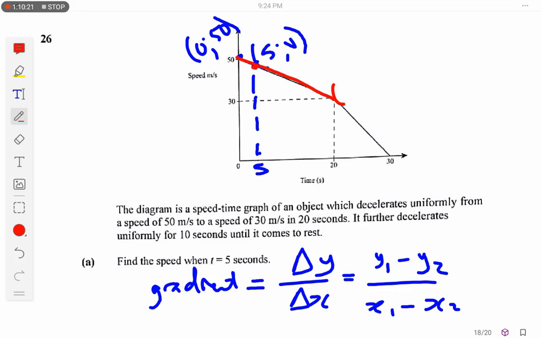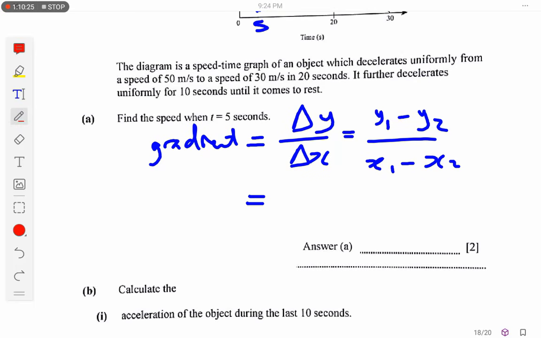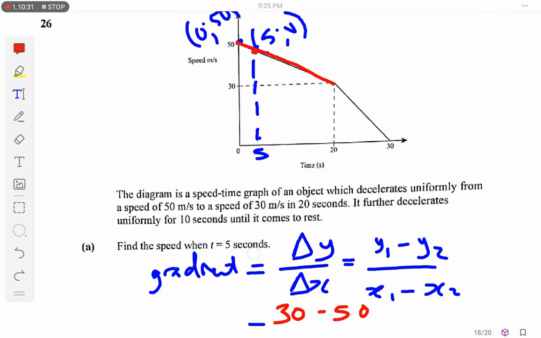So my change in y is 30 minus 50, a 30 here and 50 there. Then for my x it's 20 and 0.